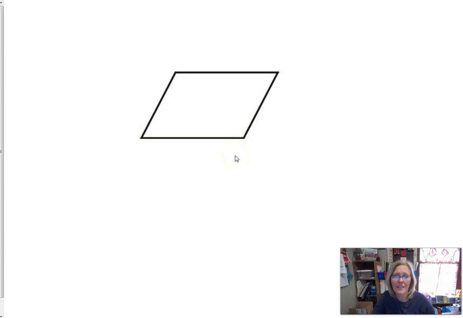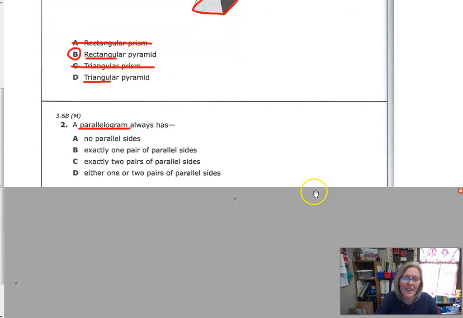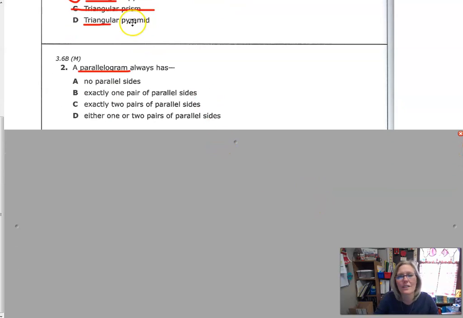That's the only thing a parallelogram has to have. Top and bottom parallel, left and right parallel. So let's go back. How many parallel sides does that mean it has then if we're looking for a parallelogram? It has a pair on the top and bottom, a pair on the left and right. Even if they're leaning a little bit, it doesn't really matter.